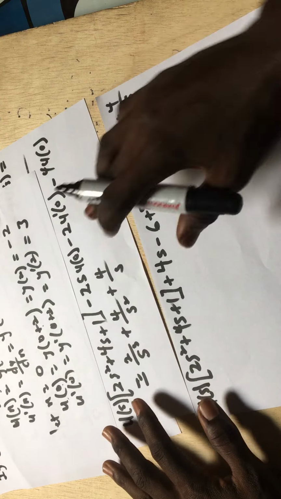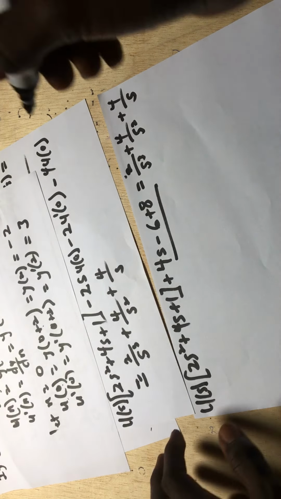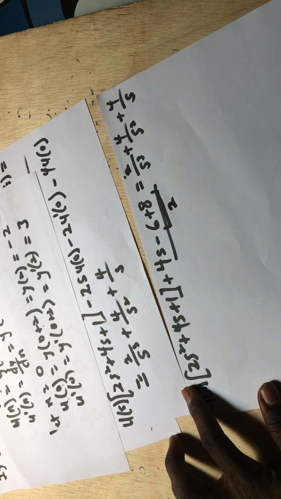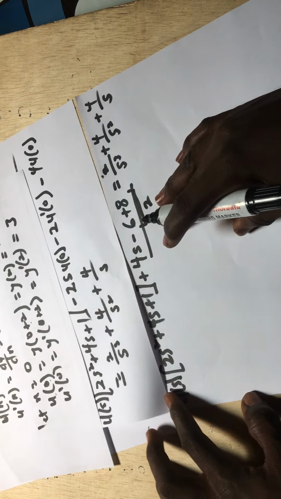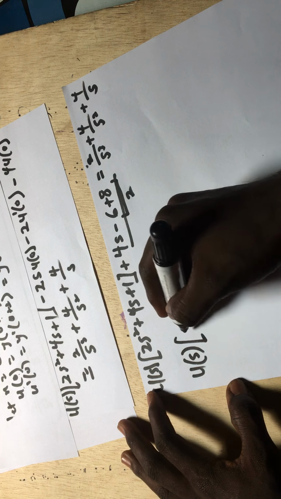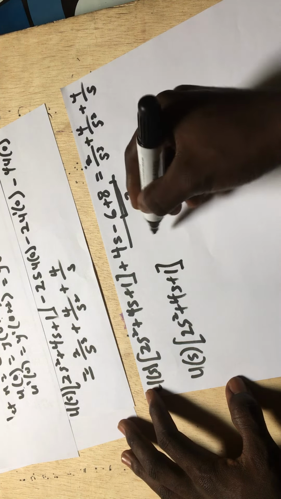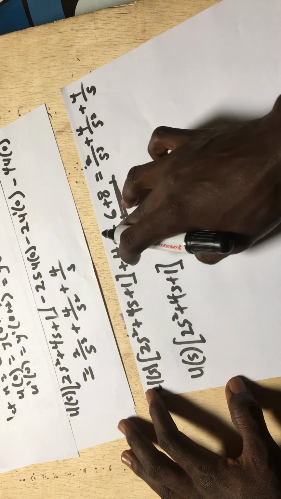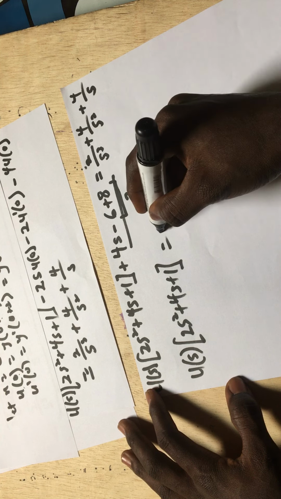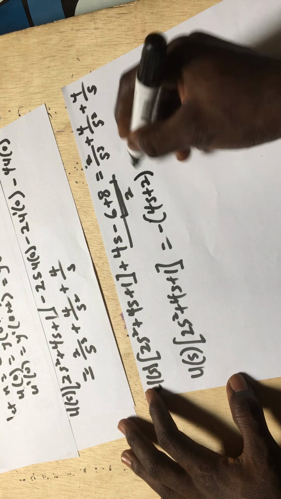So now let's group items and bring this to the other side. So our U(s) times the bracket 2s squared plus 4s plus 1 will be equal to... we are bringing the whole of this to the other side, so it becomes minus minus, negative negative, into the bracket 4s plus 2.